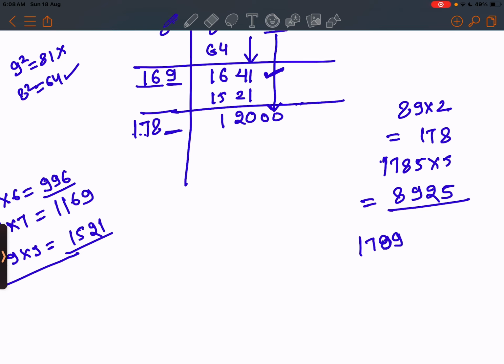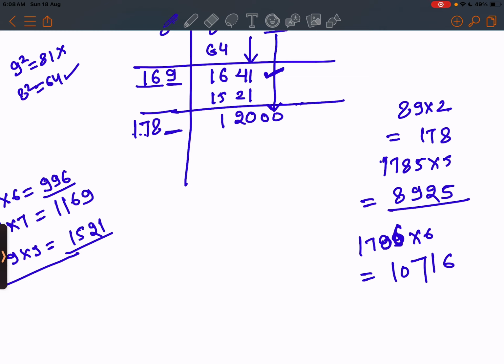Go for 1786 into 6. 6 sixes are 36, carry 3, 6 eights are 48 plus 3 is 51, carry 5, 6 sevens are 42 plus 5 is 47, 6 ones are 6, giving 10716.